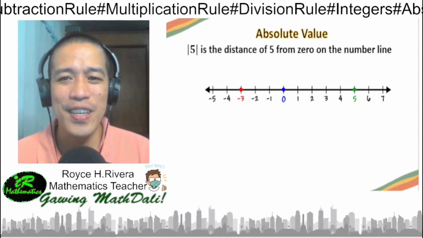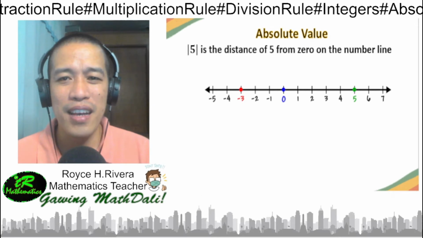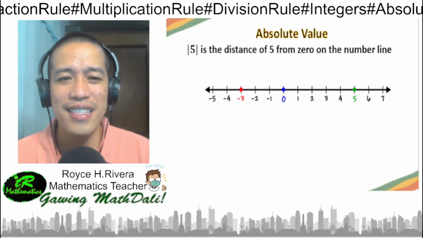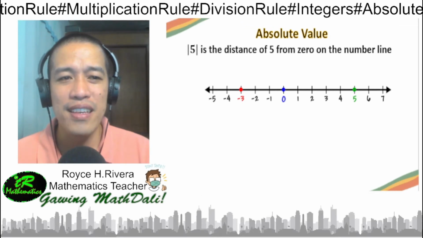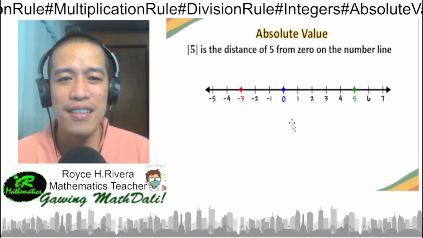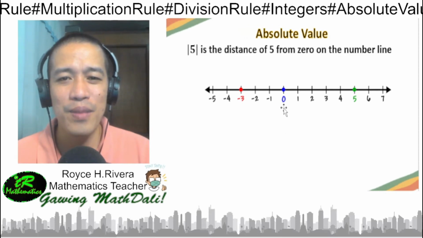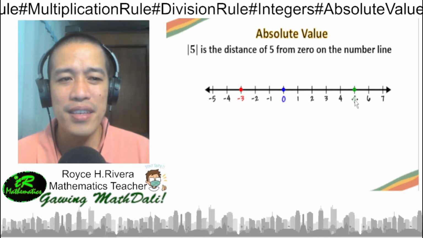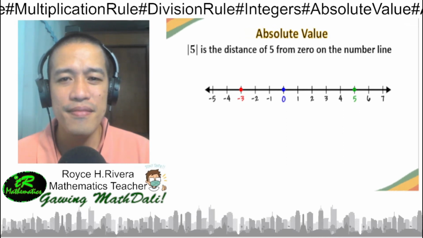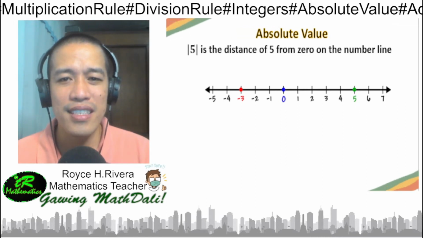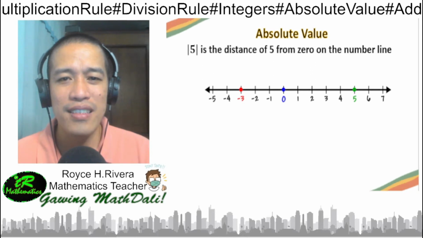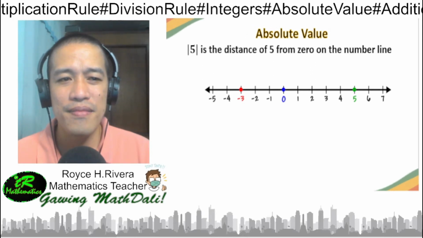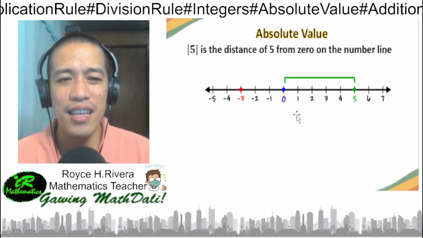Another illustration. Absolute value of 5 is the distance of 5 from 0 on the number line. Again, 0 is the blue dot, 5 is the green dot. So, the distance between 0 and 5 is the green line.